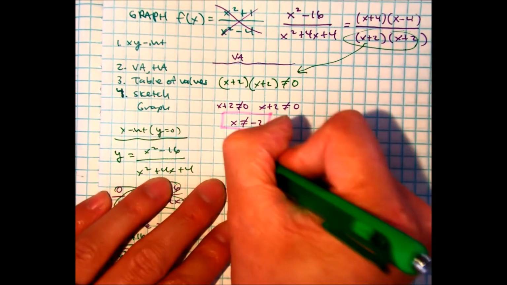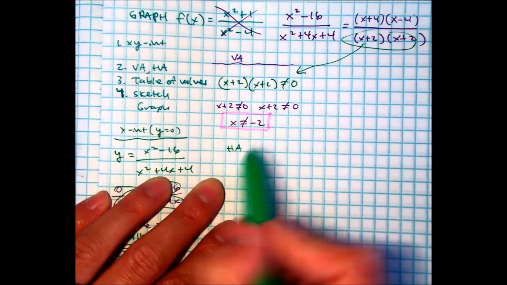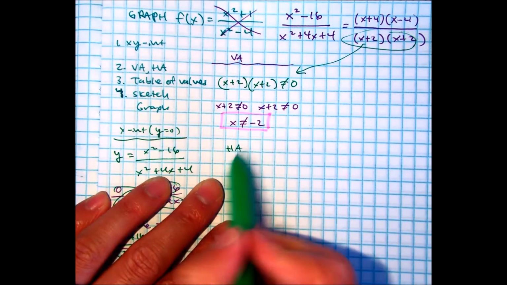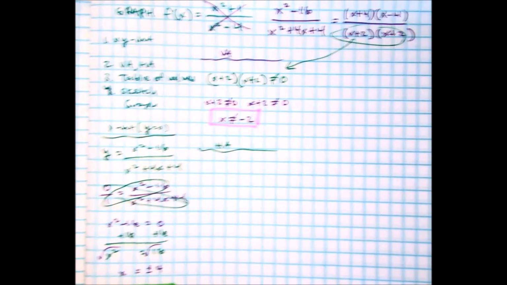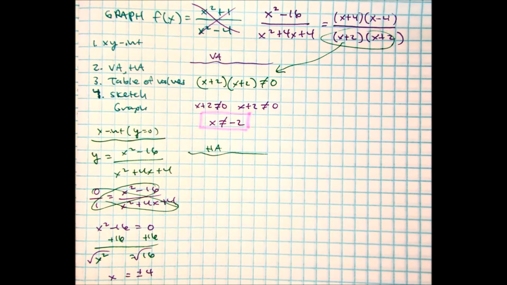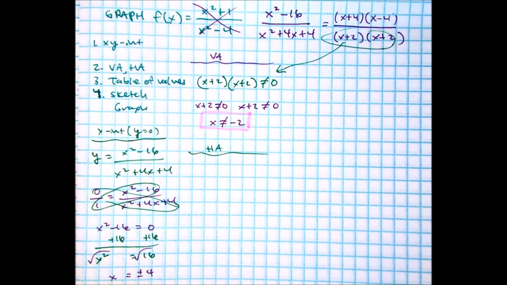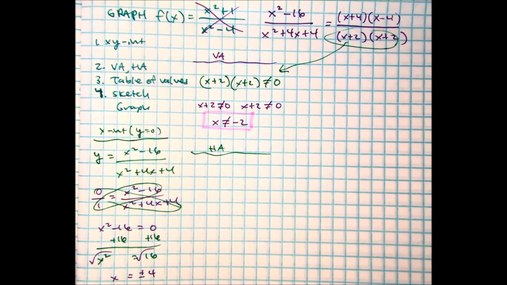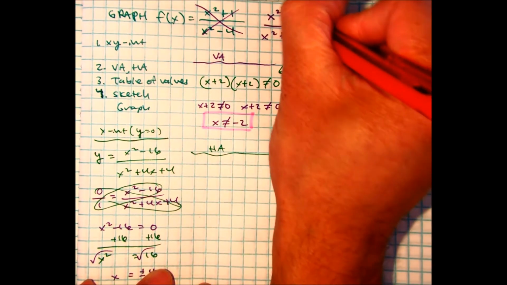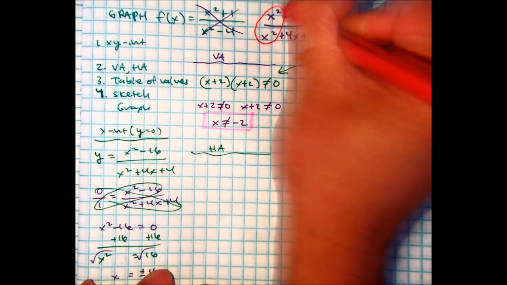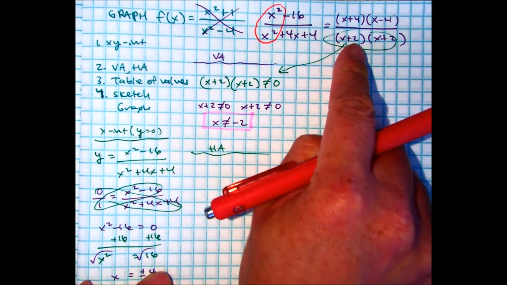Tell me about horizontal asymptotes. Alexa. What would I circle on both of those? Notice how on the factored side, a student asked me this.